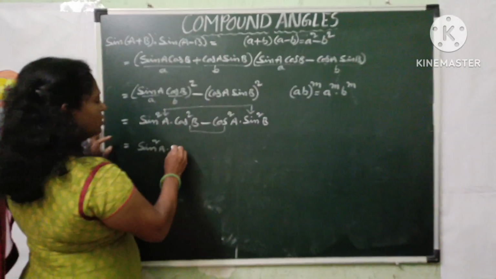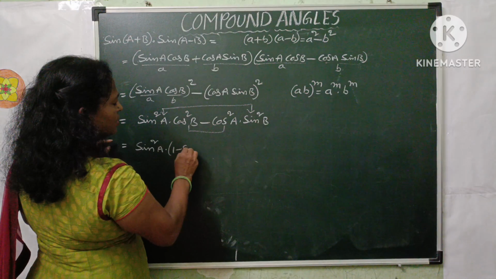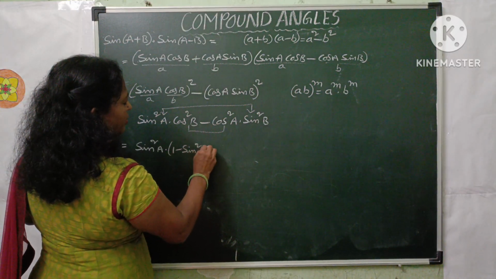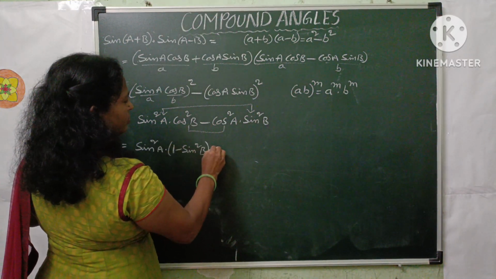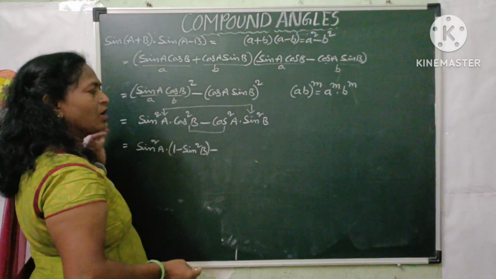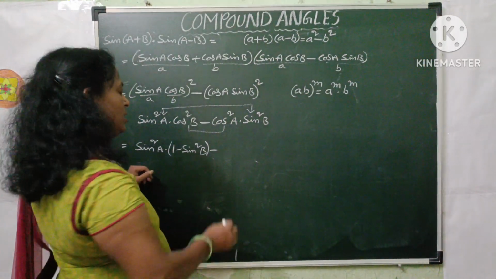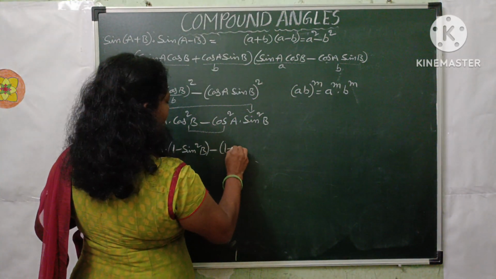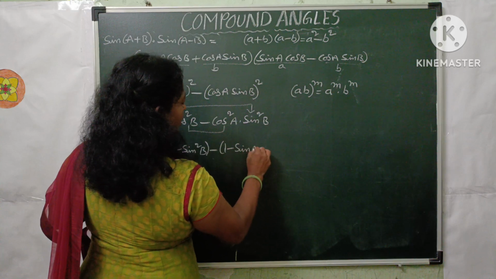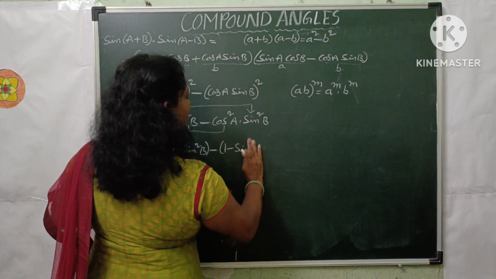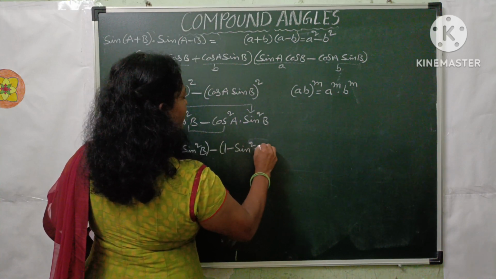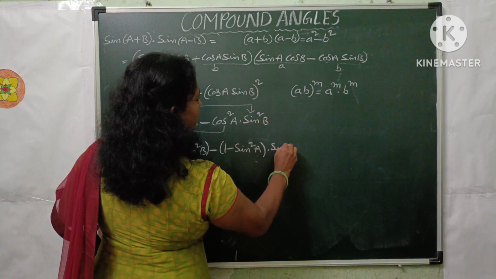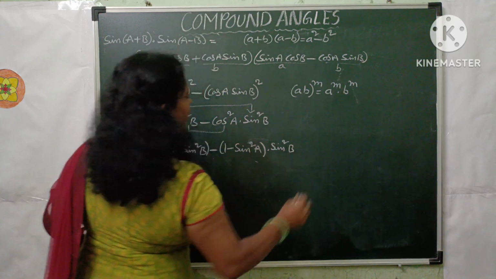Okay, cos square a is 1 minus sin square a, so minus (1 minus sin square a) into sin square b.